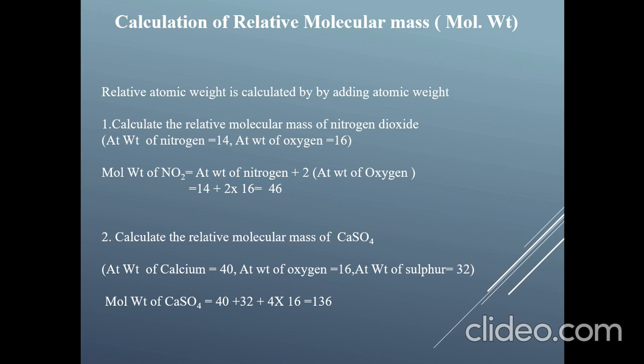So here we'll put the values: calcium 40, sulfur 32, plus 4 into 16 because O4 is given. So it is 40 plus 32 plus 4 sixes are 64. So total addition is 136. Molecular weight of calcium sulfate is 136.